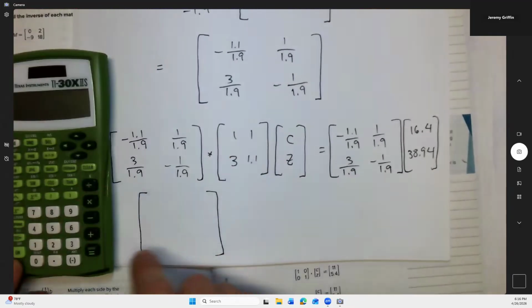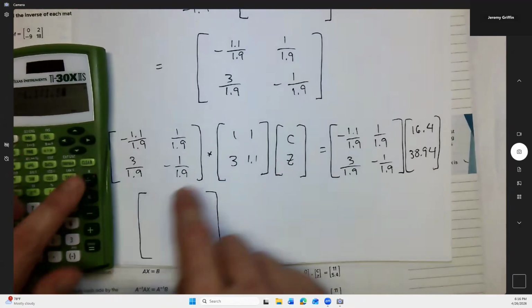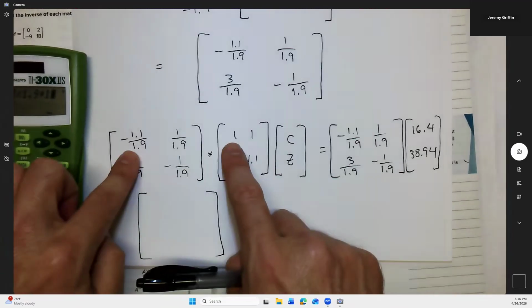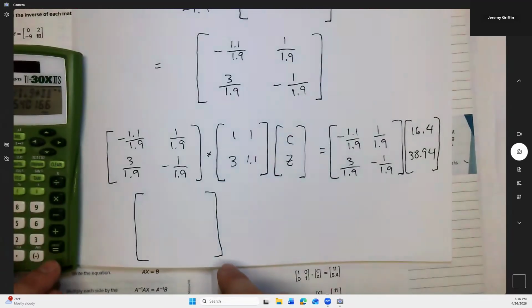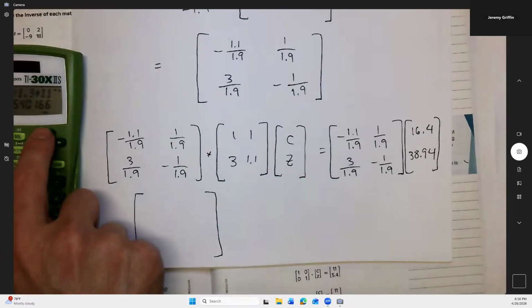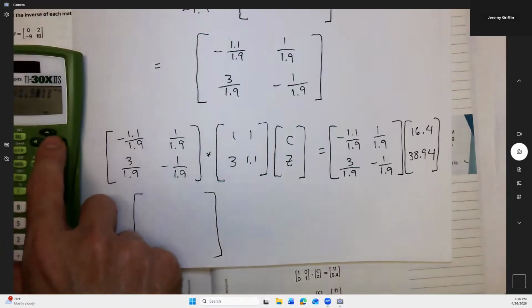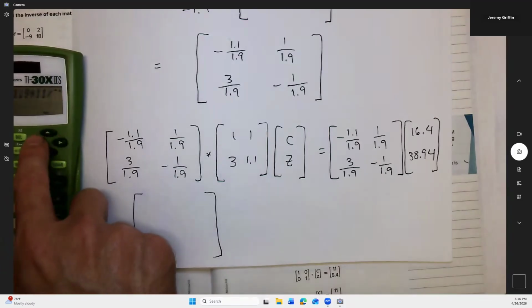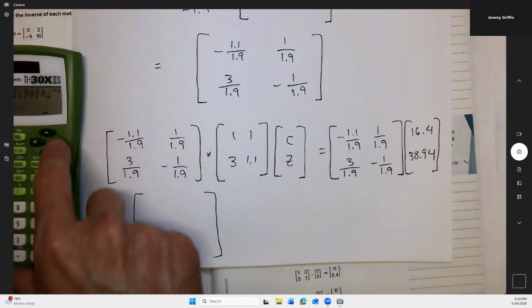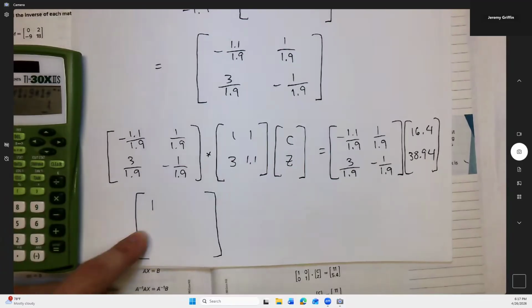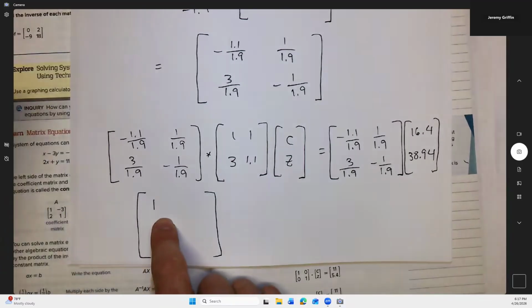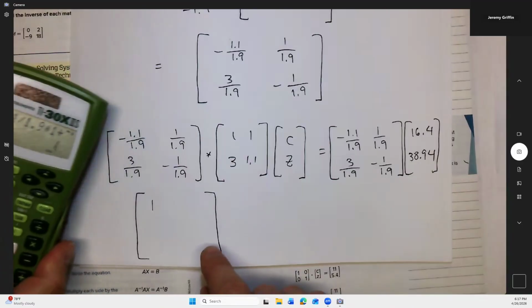If I have -1/9 times 1, plus 1/9 times 3, times 1. Oops, there's a typo right here. I need a plus right here. There we go. Yep, that would be the element you need for the identity matrix. That's looking good so far.